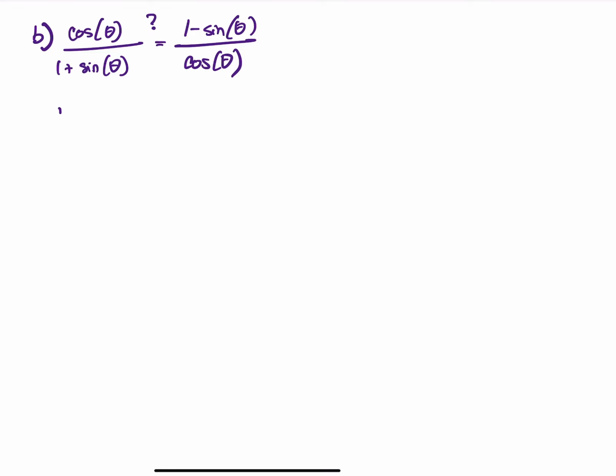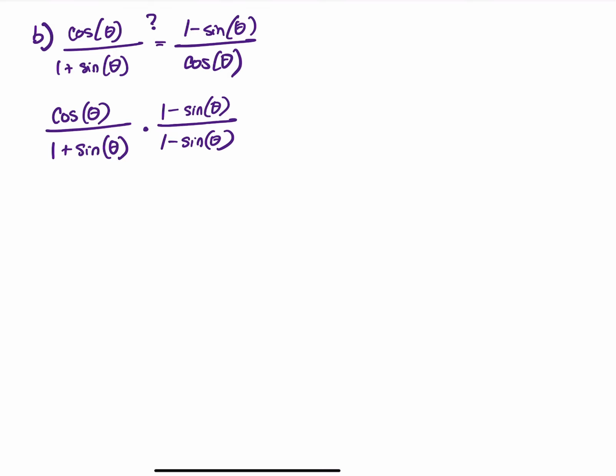So we have the cosine of theta over 1 plus the sine of theta. They're telling us to multiply both the numerator and the denominator by 1 minus sine of theta. What we're doing is multiplying by the conjugate of this denominator.